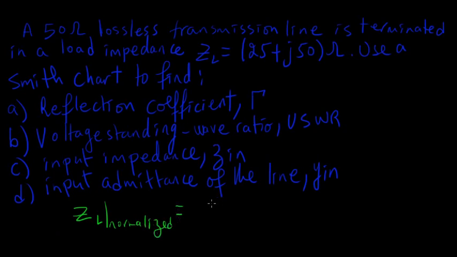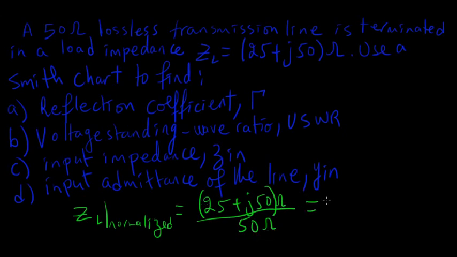It's equal to the value, which is the 25 plus J50 ohms, over the 50 ohms of the lossless transmission line. That's how you normalize your load impedance. You end up with 0.5 plus J1 without unit, so the ohms cancel out. So we need this value in our Smith chart example coming very shortly.